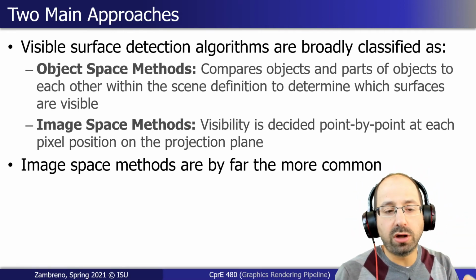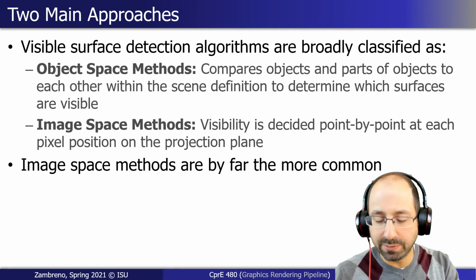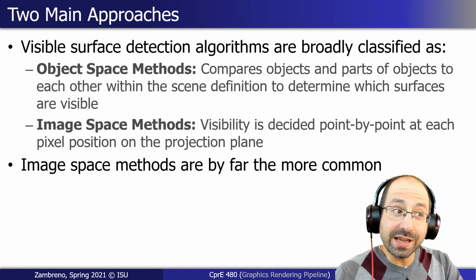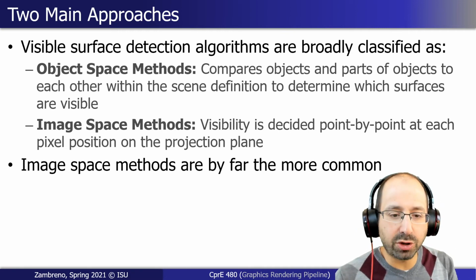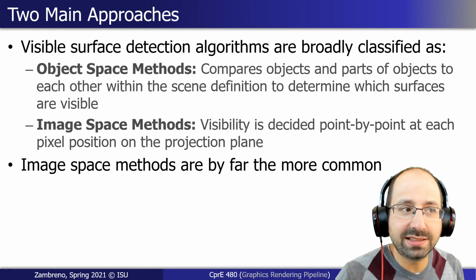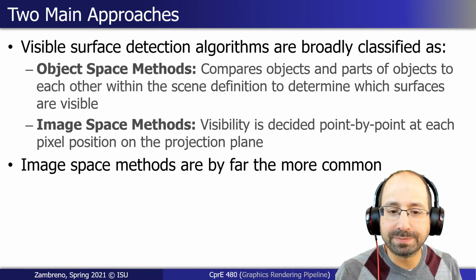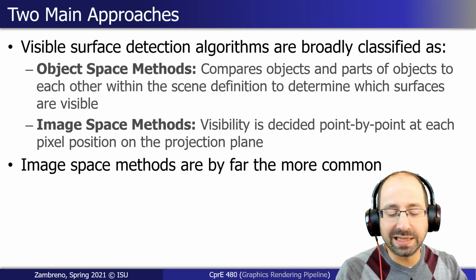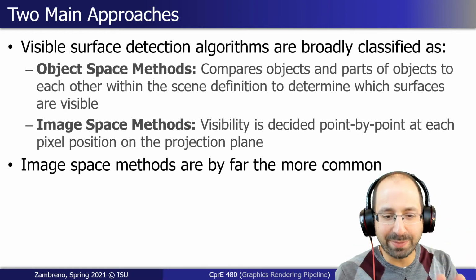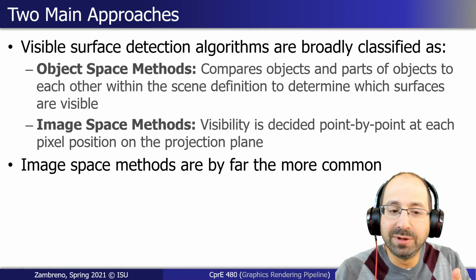But there's all sorts of what's referred to as object space methods, and there are techniques that basically correspond to early optimizations in the modern graphics pipeline, which is just looking at the objects themselves and determining, based on a depth sorting of those objects, what should be drawn and what should not be drawn. That's object space methods. So for traditional raster-based pipeline approaches, for the OpenGL rendering approaches, we use image space methods.